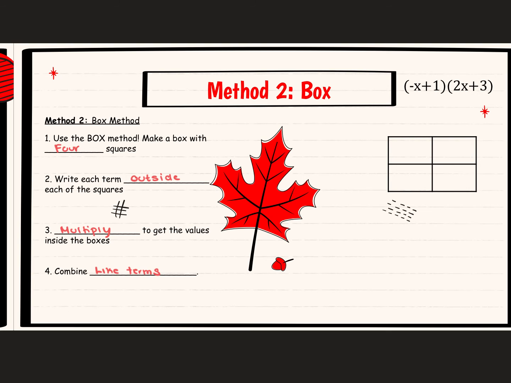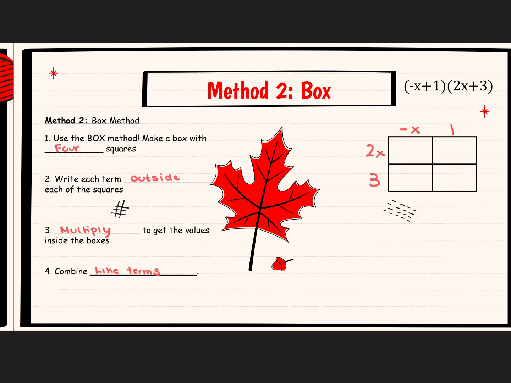All right, so here I have negative x plus 1 and 2x plus 3. So I have negative x and 1, and I have 2x and 3. Again, I could have flip-flopped those and put negative x plus 1 on my column, and then put 2x and 3 on my row, but it does not matter because we're multiplying them either way.